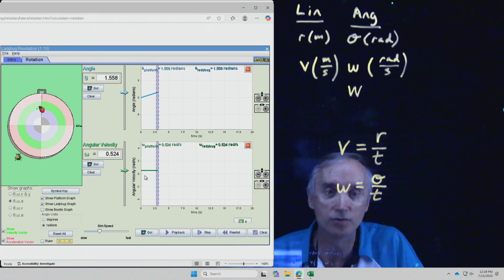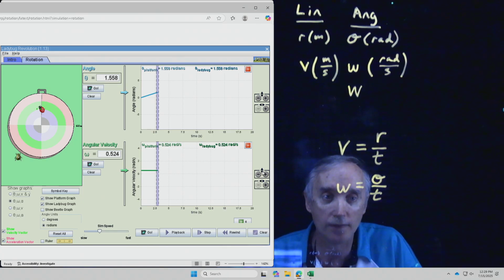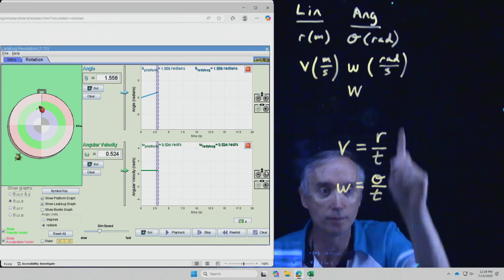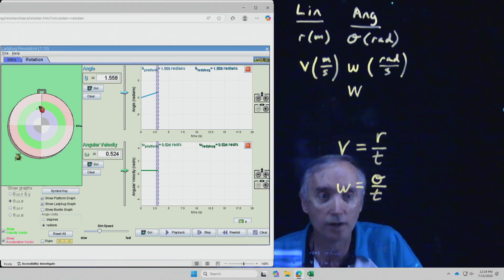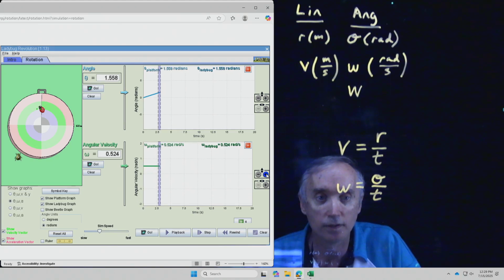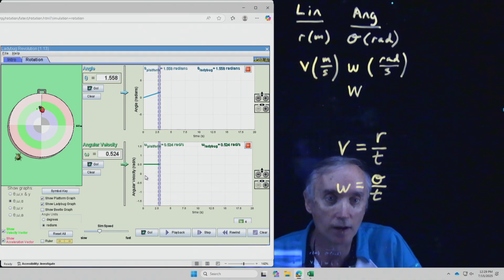Now it's kind of hard to read it. Okay, now we know that it's this number right here, but if you wanted to read it off the graph, do you see these buttons over here? You've got a minus button and a plus button, and then an arrow that points up and down. If you click on this button, you can expand the graph so that you can read whatever it says.